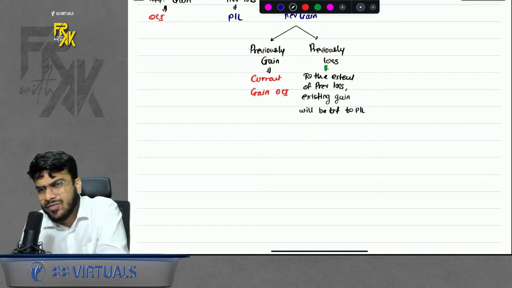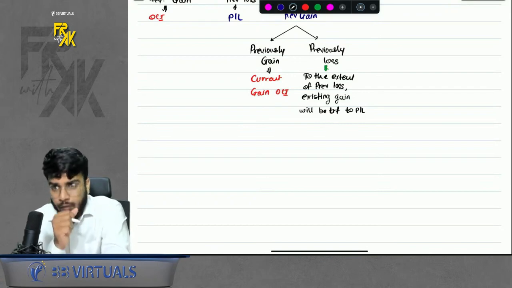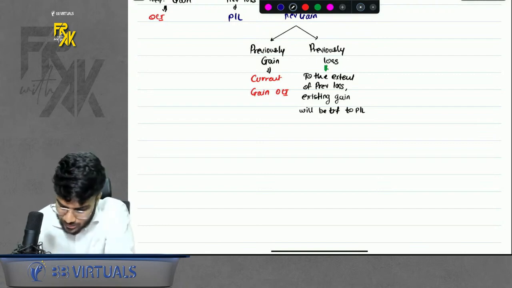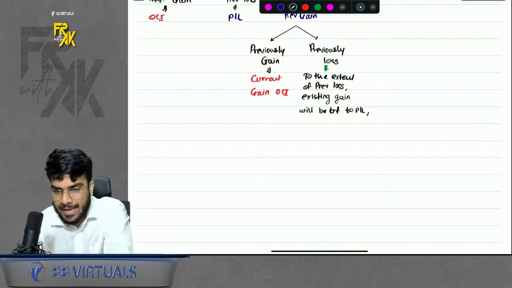Sir, what if the gain exceeds the amount of loss? In that case, the excess gain will be transferred to OCI.